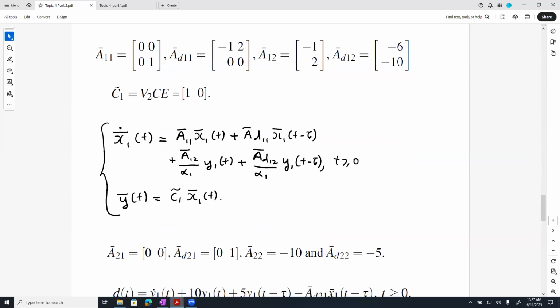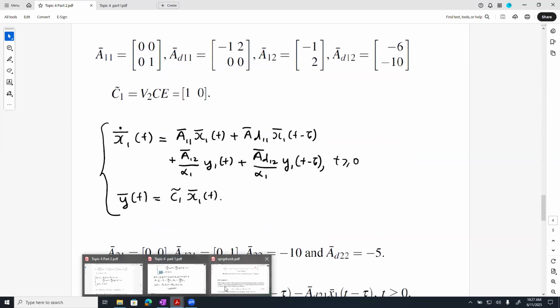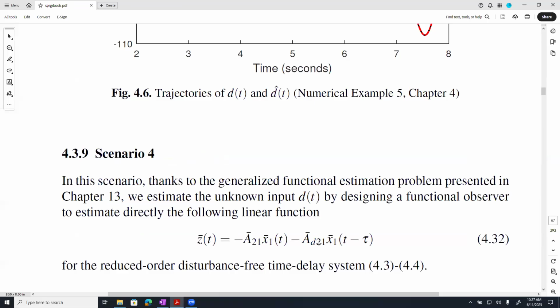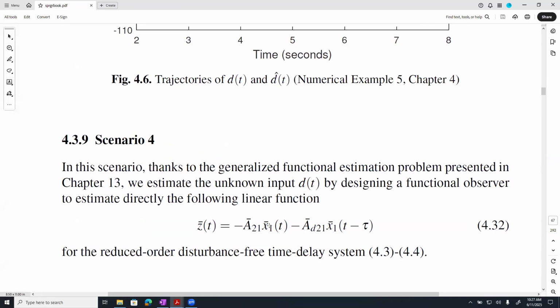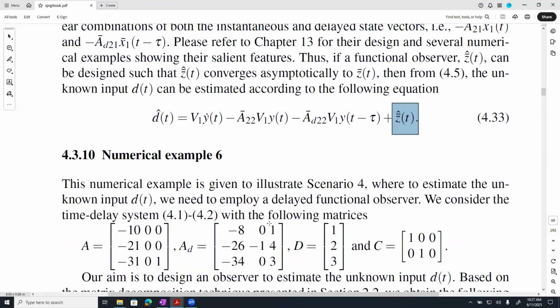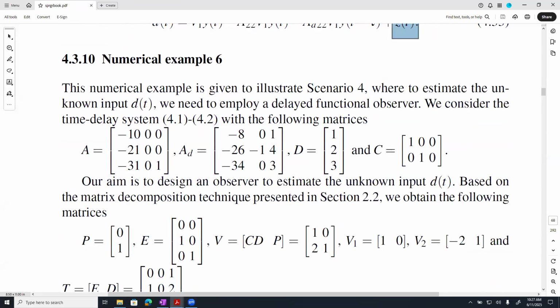Now, the one that I like to reinforce is this scenario, which is the estimation of the generalized functional using a generalized functional observer to directly estimate that. Just to give the audience a little bit of motivation behind that, we consider a numerical example where we have matrix D, which is associated with the time delay vector.